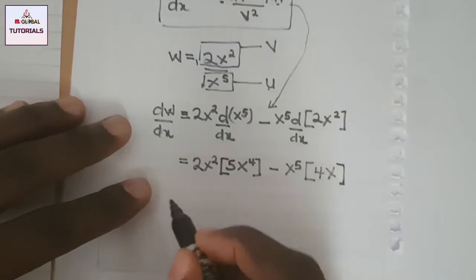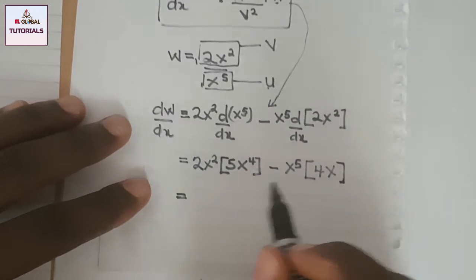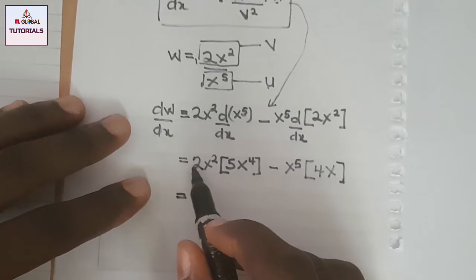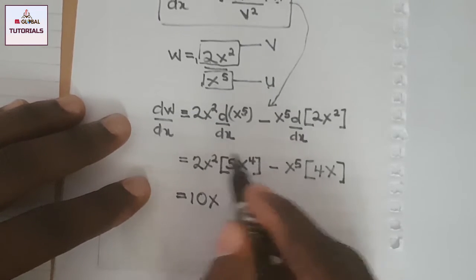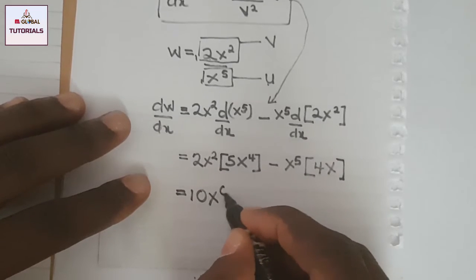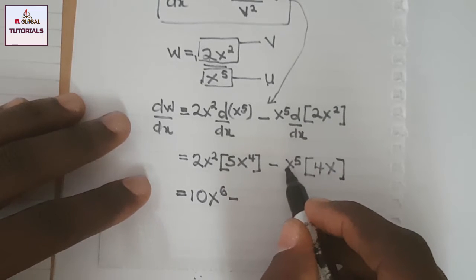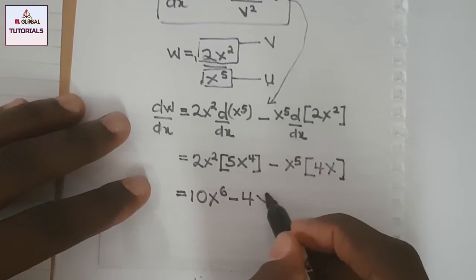From here we can simplify. We multiply through, so this time this gives us 10x. Then we add the powers, which is what? 6. Minus, when you multiply this by this, it's minus 4x.